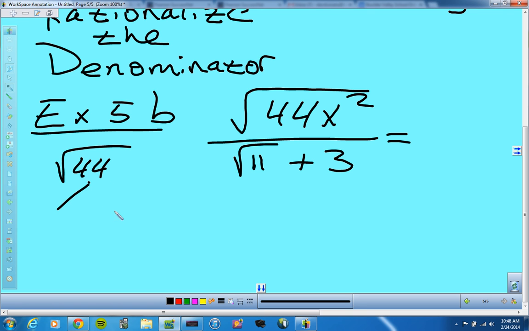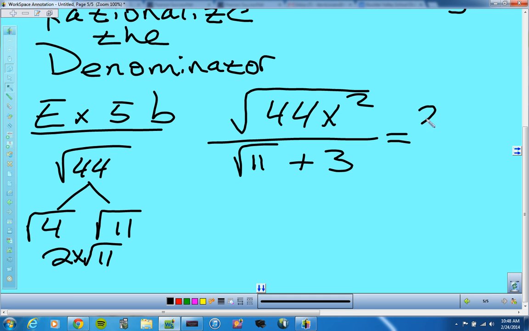So square root of 44 divides into what? Square root of 4, square root of 11. So it becomes 2 square root 11. What's the square root of x squared? X. So this top becomes 2x square root 11.